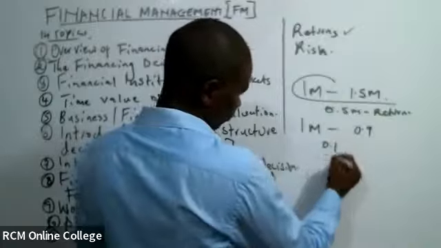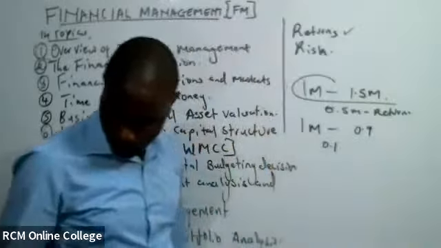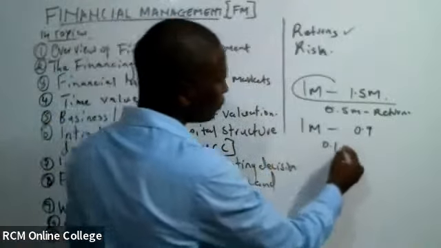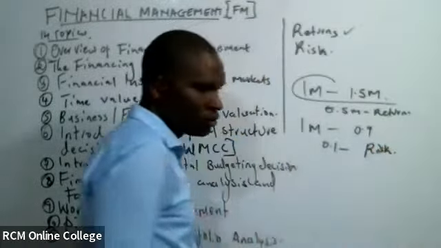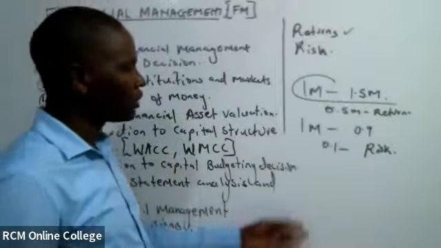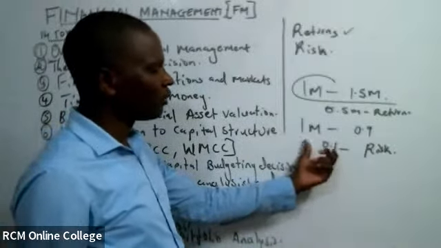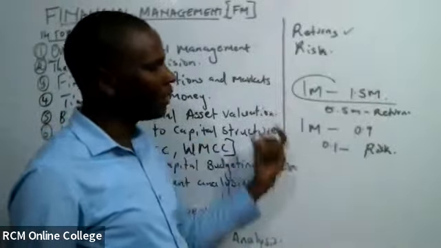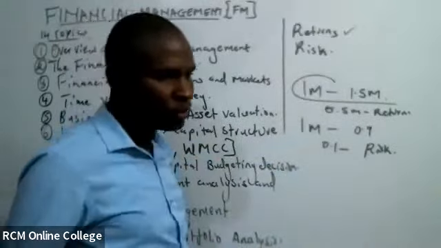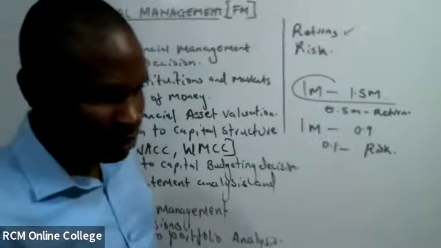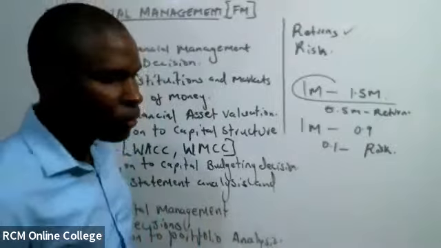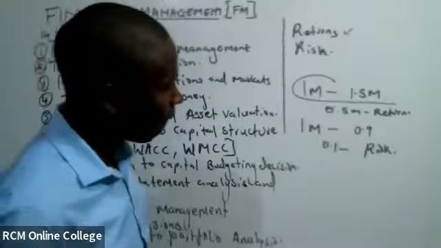So the result is a loss of 0.1 due to what? Due to the risk. That loss is gotten due to risk. So simply through this, you are able to define what is return and what is risk.